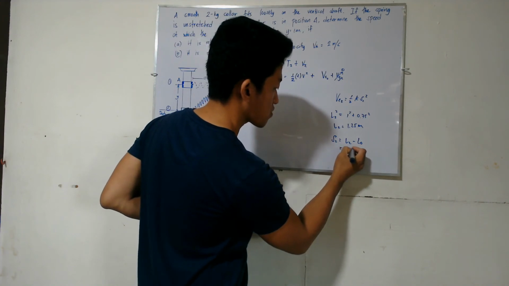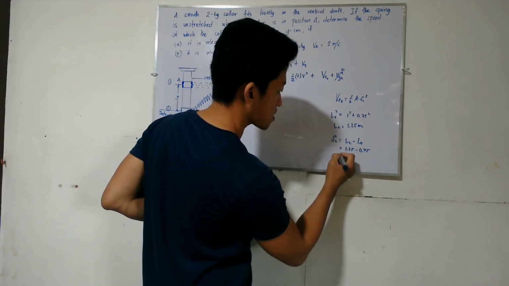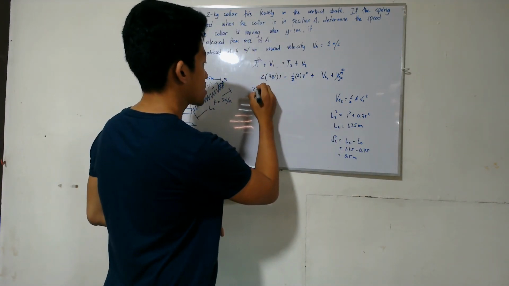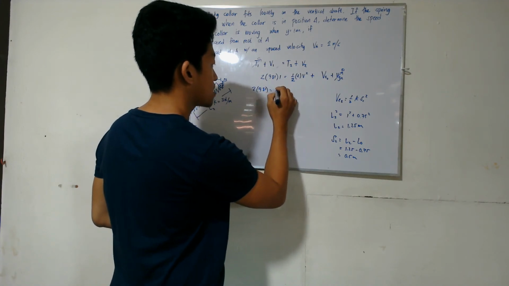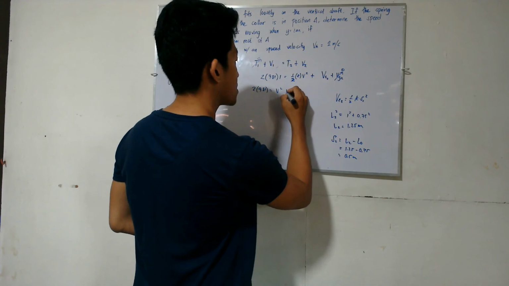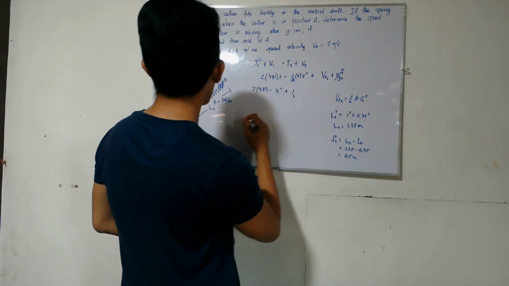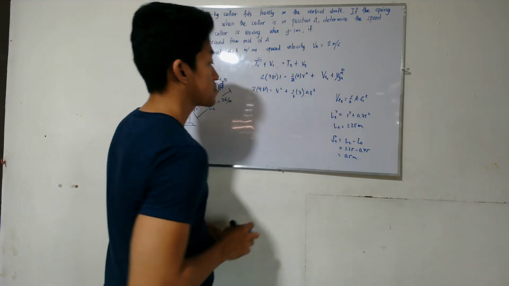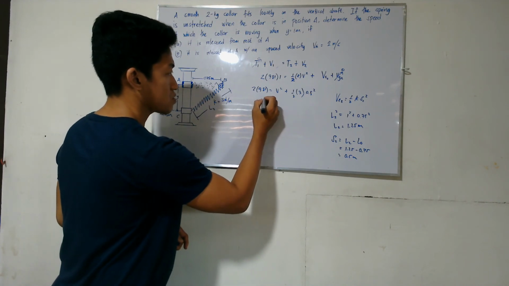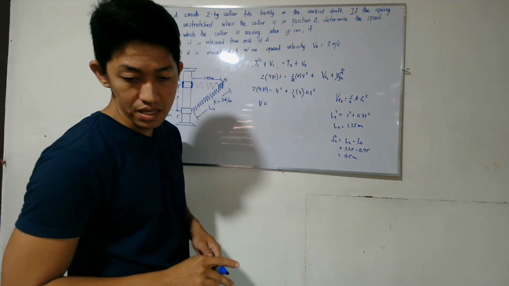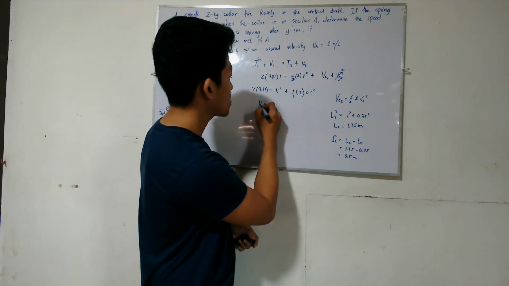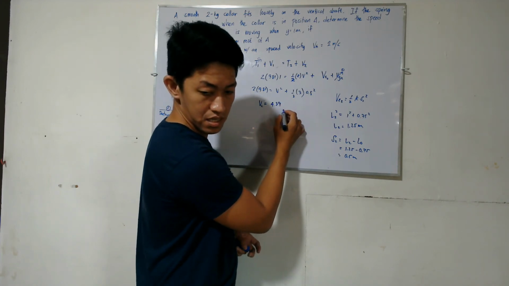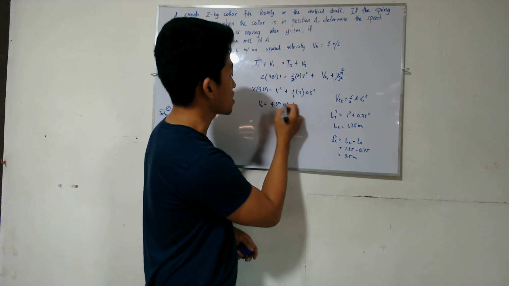Therefore, 1.25 minus 0.75 is 0.5 meters. So we have 2 times 9.81 equals 1/2 times 2 times v squared plus 1/2 k, where k is 3, times 0.5 squared. Solving, V, or rather VC, would be 4.39 meters per second going downward, right?